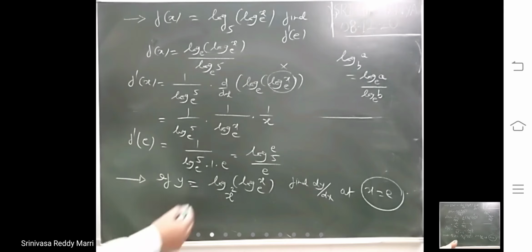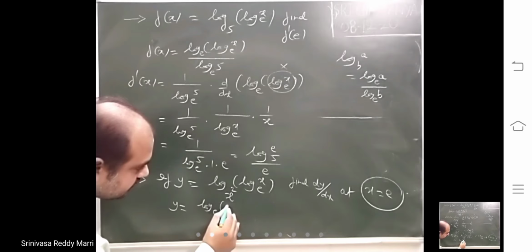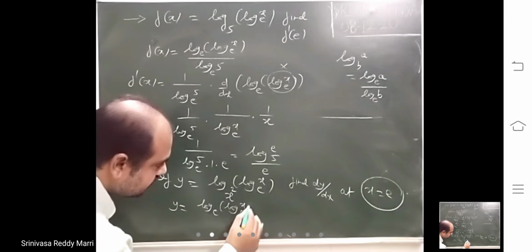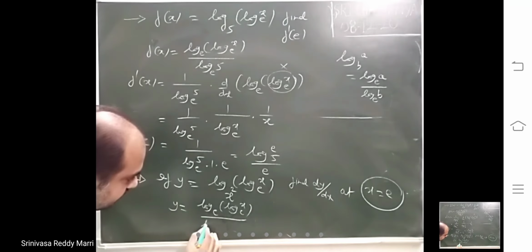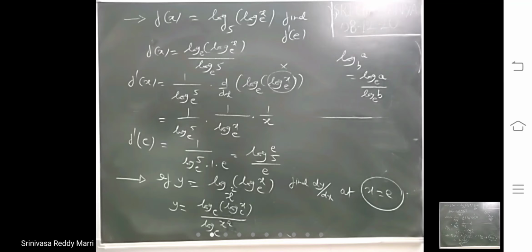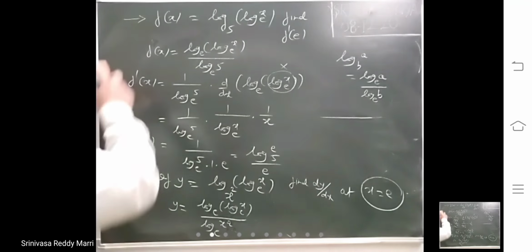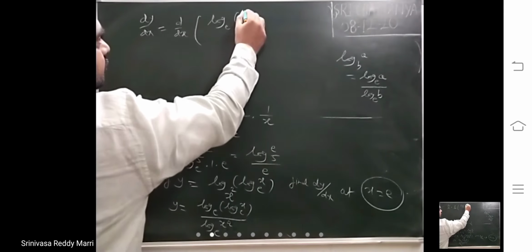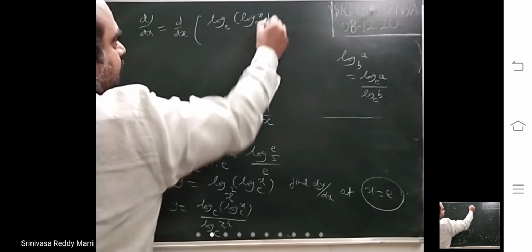So that means y is log of log x divided by log x square to the base e. Now dy by dx, the derivative, is nothing but d by dx of this.